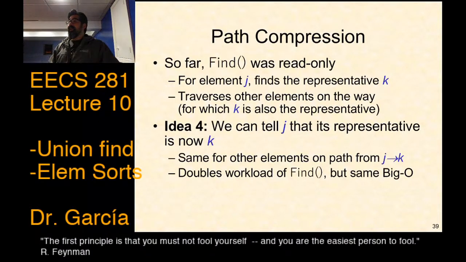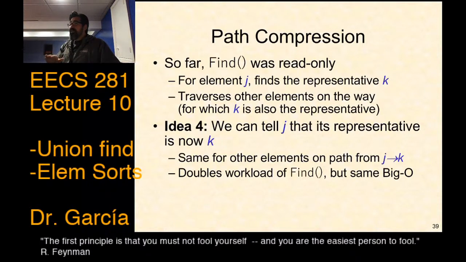Okay? The trick to path compression is the fact that so far we've been talking about the find operation as being read-only. Okay? So I just look up whatever the representative is, but it doesn't update anything. Okay? We're going to change that.